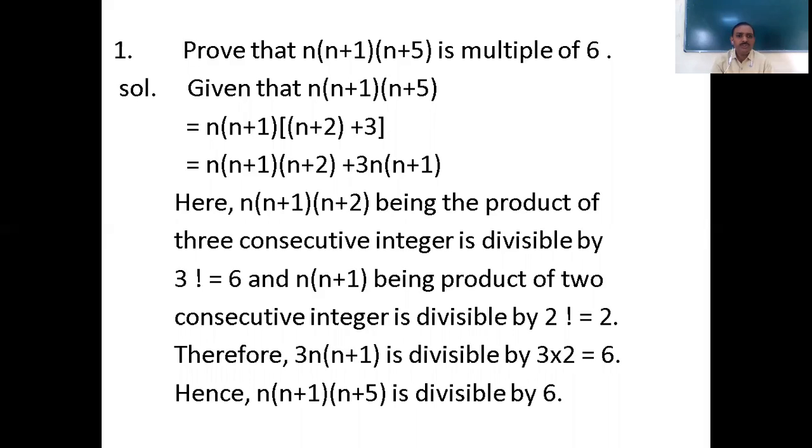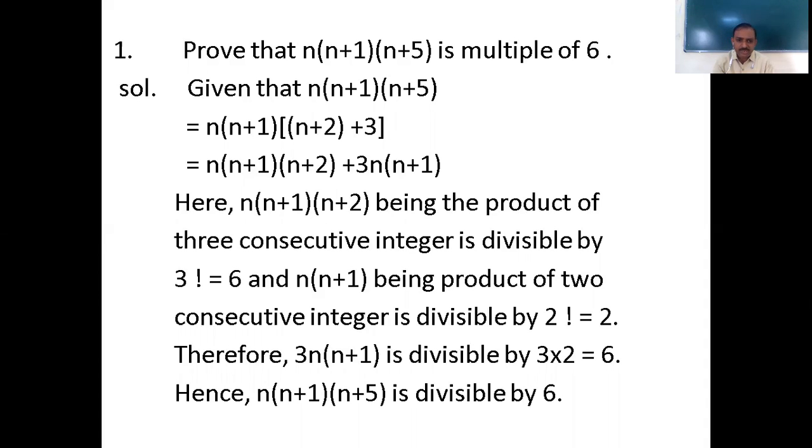Here n into n plus 1 into n plus 2, being the product of three consecutive integers, is divisible by 3 factorial, which is 6. In the same way, n into n plus 1, being a product of two consecutive integers, is divisible by 2 factorial, that is 2.